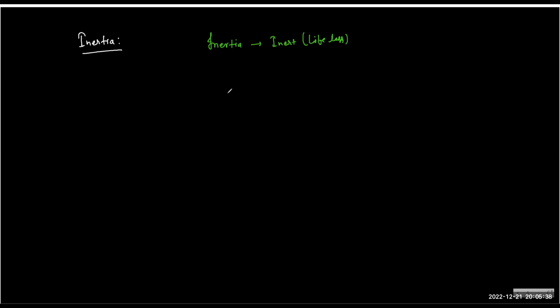Okay, quickly. So what is inertia? It is a property of any body by virtue of which it can maintain its state of rest or motion, right? That's the simple definition. Not a big deal.